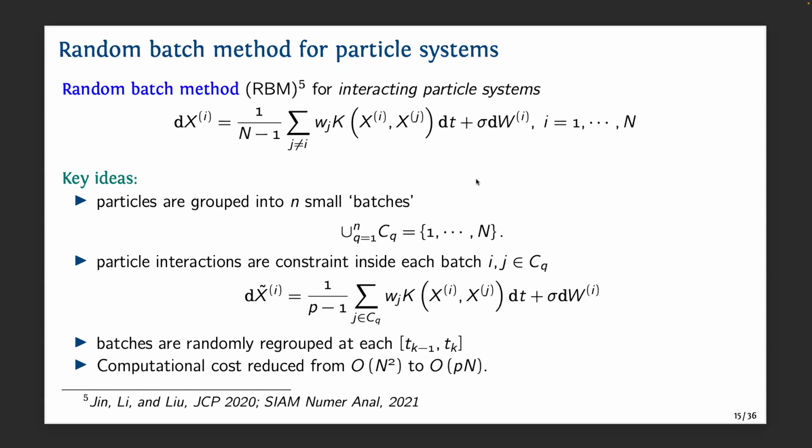So this is a similar idea as stochastic gradient descent in neural networks, right? Instead of computing the summation of all the samples, we just pick a very small portion of all the samples, like P, to update each sample i.